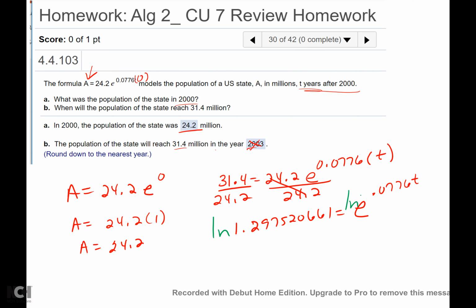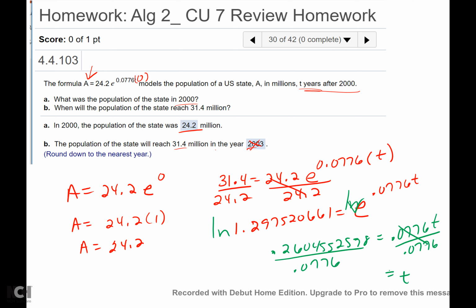If I ln that answer, I get 0.260455259 equals, that cancels, 0.0776t. So to get t alone, I'm going to divide by 0.0776, and time equals 34.27. Something's wrong.